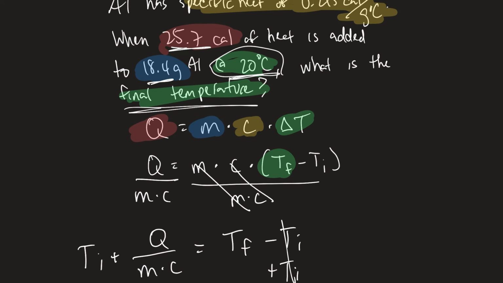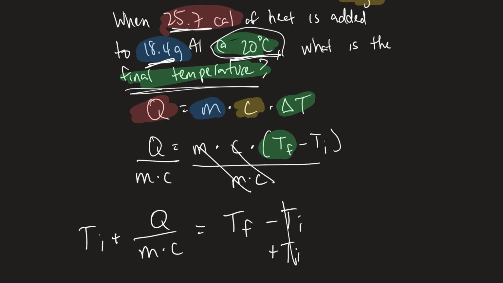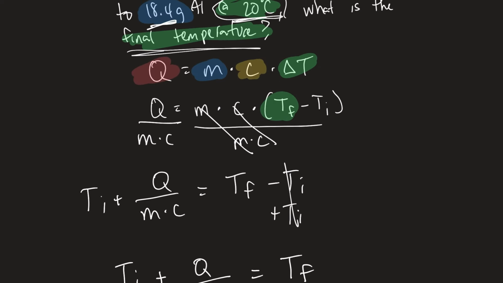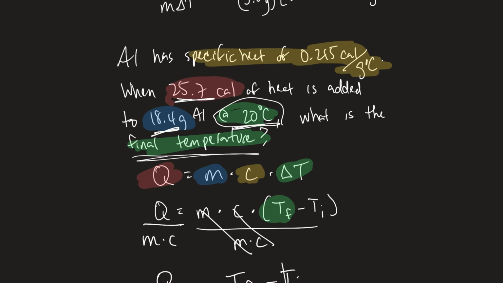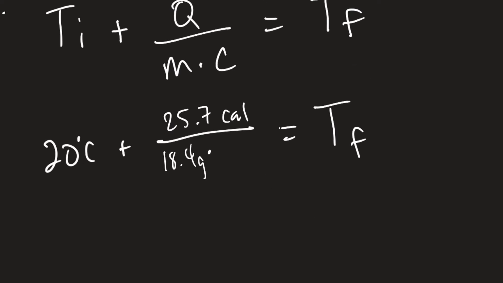It's going to be divided by the mass, which is 18.4 grams, times my specific heat, which is 0.215 calories per gram degrees Celsius.